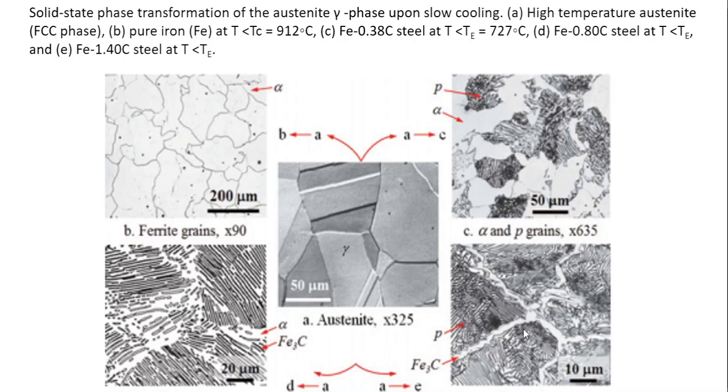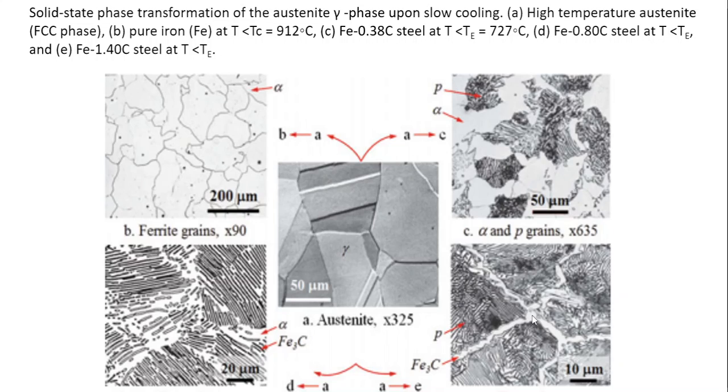The last micrograph corresponds to iron containing 1.4% carbon steel, and the transformation has occurred at a temperature lower than the eutectoid temperature. A pro-eutectoid cementite phase has already formed along the grain boundaries.